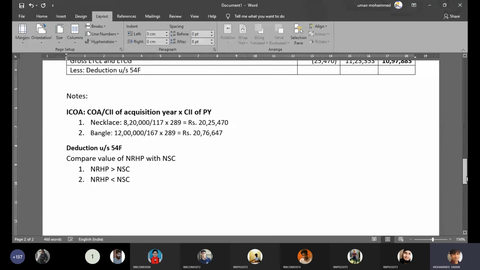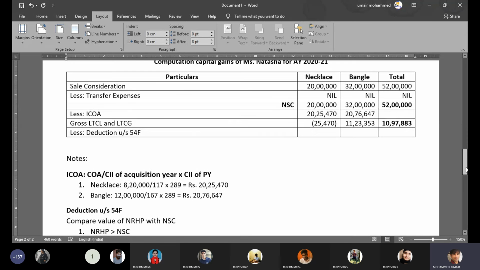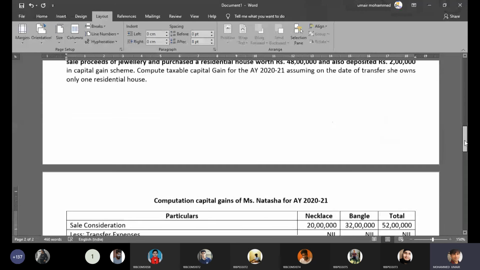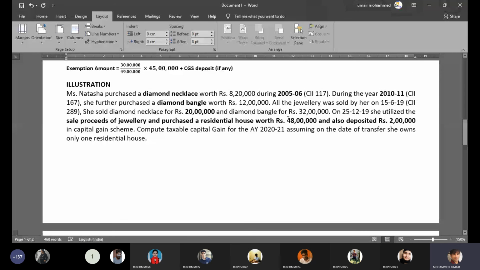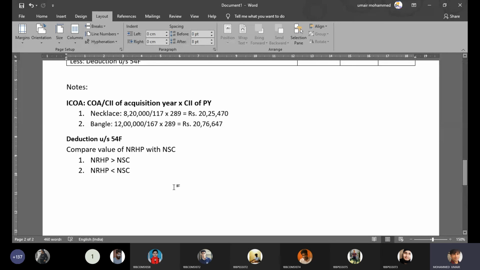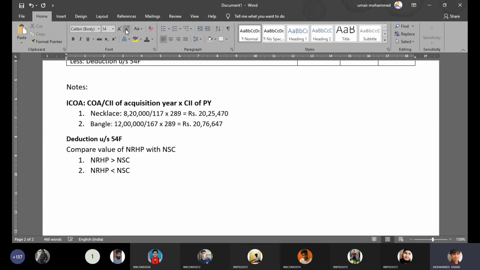So let's write down the amounts. First, the value of the new residential house property, which is 48 lakhs.